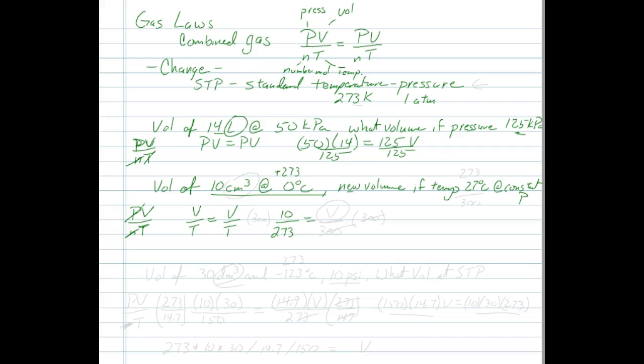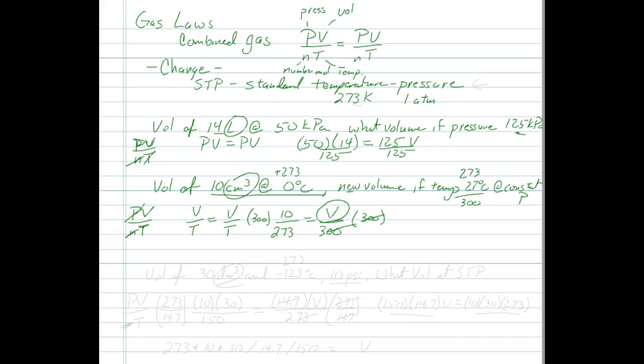The volume, which you're trying to find out, and the new temperature: 273 plus 27 ends up being 300 even, 300 Kelvin. So you multiply by 300 on both sides. You take 300 times 10 divided by 273, whatever that is, and round it to 3 places and label it. In this case, the label is cubic centimeters.